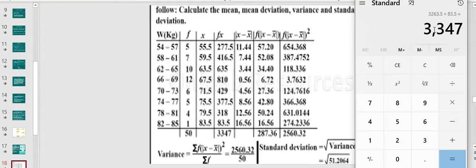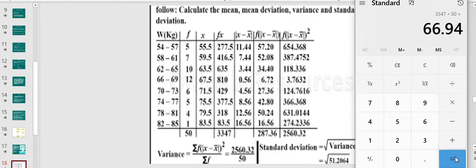To find the mean value, we will divide this value by the summation f. 3347 is divided by 50, which is equal to 66.94.